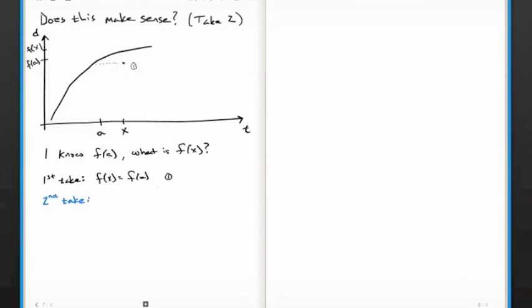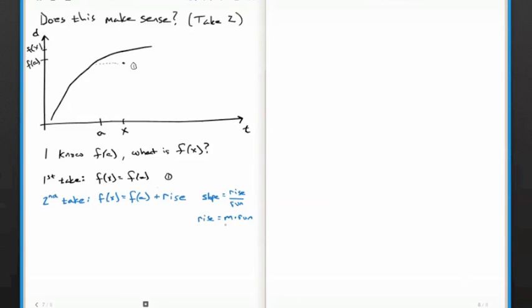My second take, which will be in blue, is that f of x equals f of A plus some rise. Well, rise, what do I mean by that? Well, I can remember that slope equals rise over run. And so that means that rise equals slope times run, or m times run, that's right.